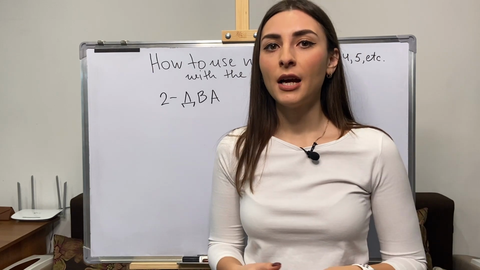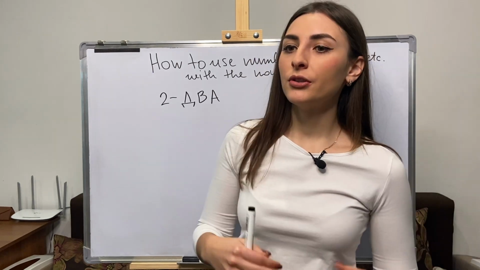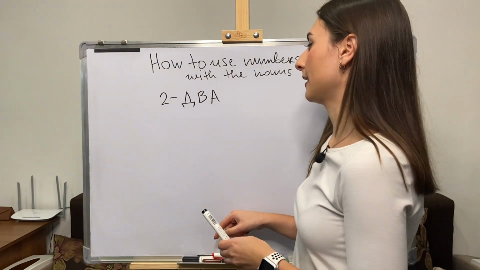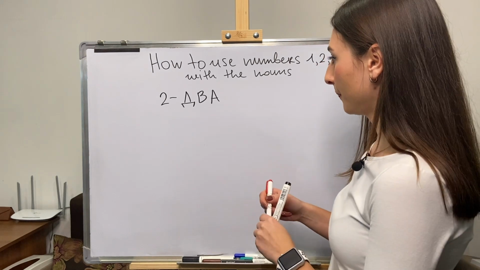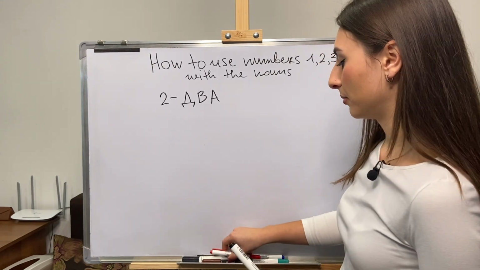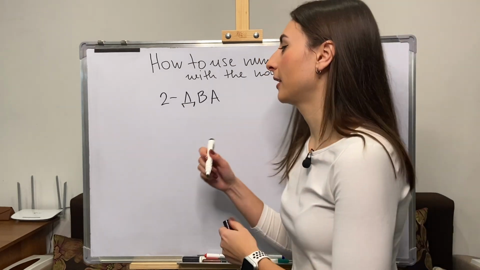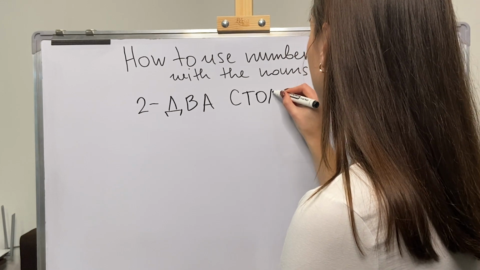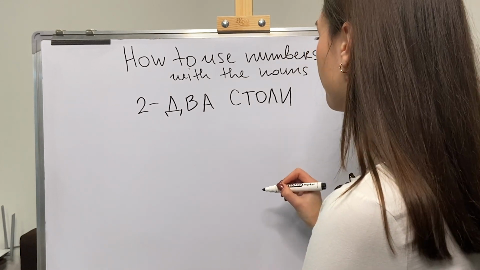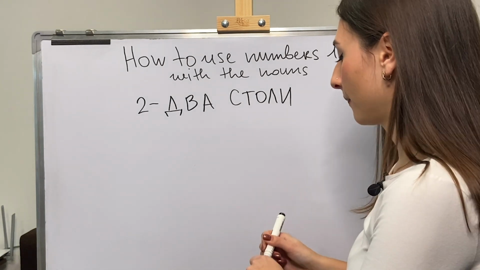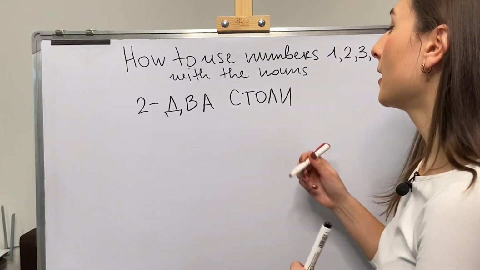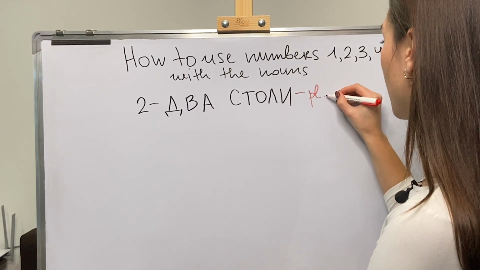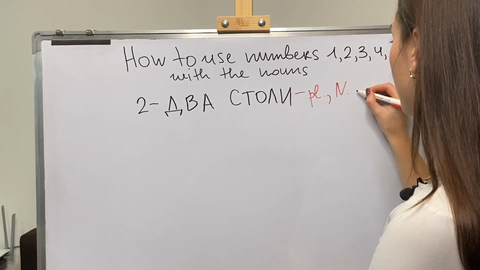We say 2 tables, 2 apples, etc. If you want to say 2 tables, we say два столи. Два столи. So with the number 2, we use plural, and again, nominative case.